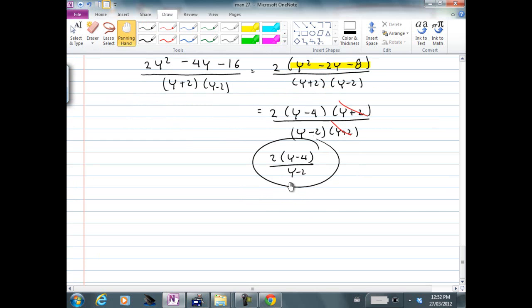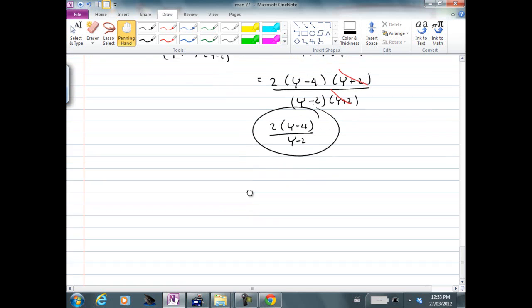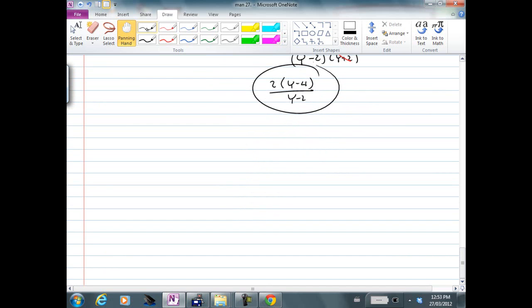Guys, voila. I'm going to give you one last question just to practice, and let's see if you can get this correct. 1 plus 1 over x, over x minus 1 over x.